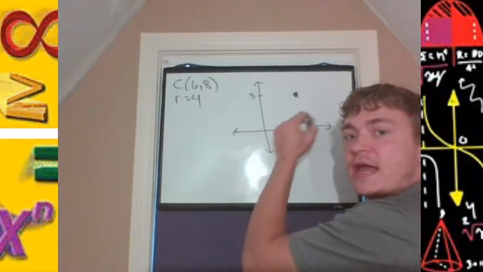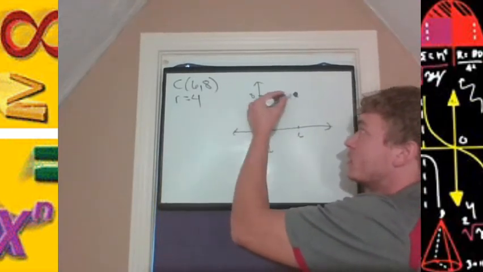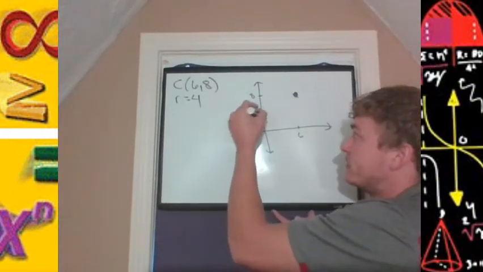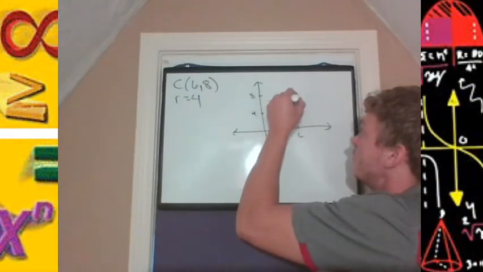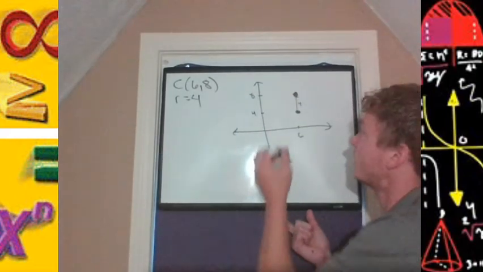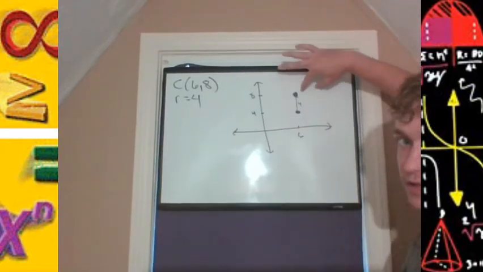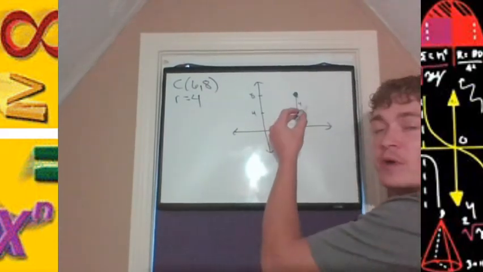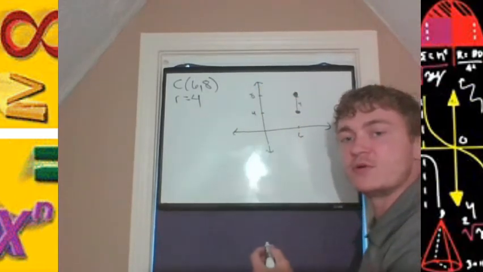Extending 4 units in every direction from the center, for example, for the 4 units below, that means we're going down to 4. So you see that distance right there is going to be 4. Now, taking that distance and like a clock, spinning it all the way around the center of a circle, keeping that fixed distance of 4 units, we will have every ordered pair that makes up the graph of this equation.